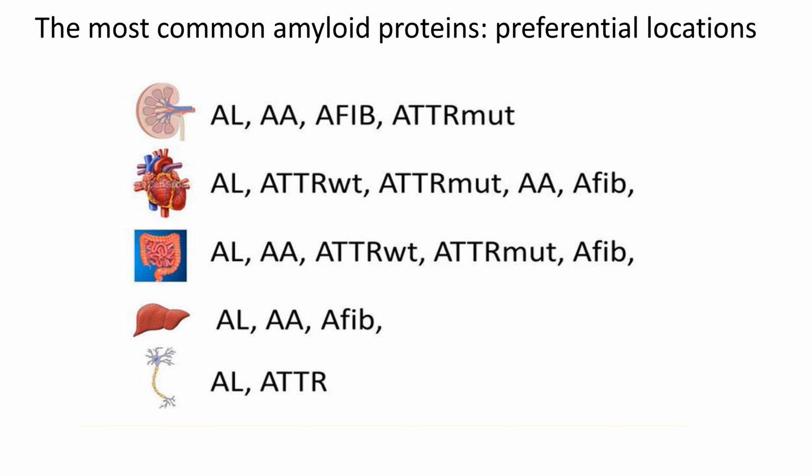For the digestive tract, we can see AL, AA, ATTR wild and mutated, fibrinogen. For the liver, AL, AA, and fibrinogen, and for the neurologic tract, we can see AL and ATTR.